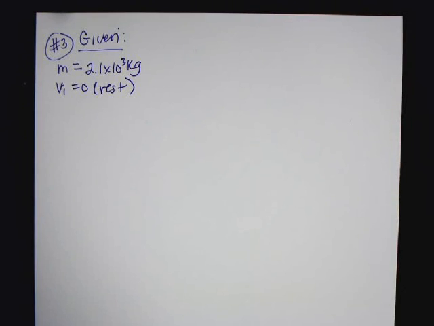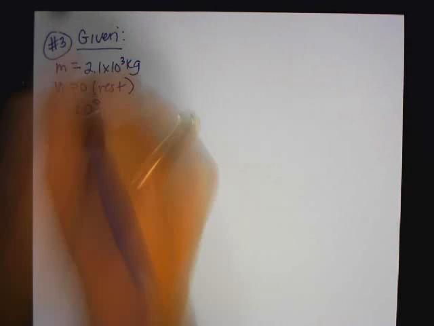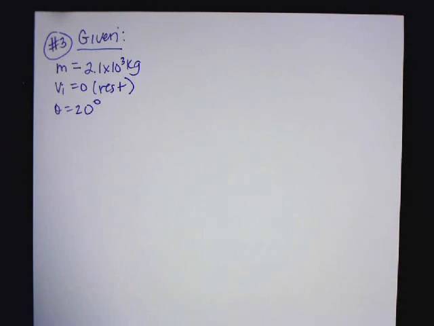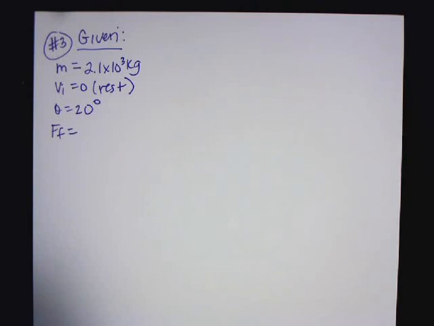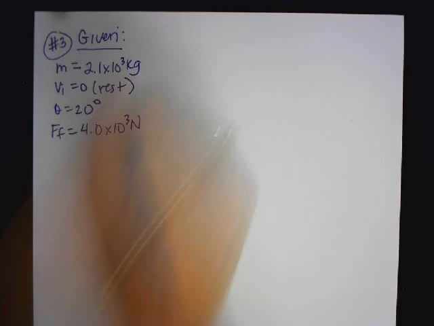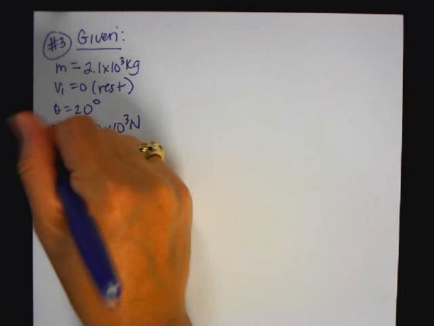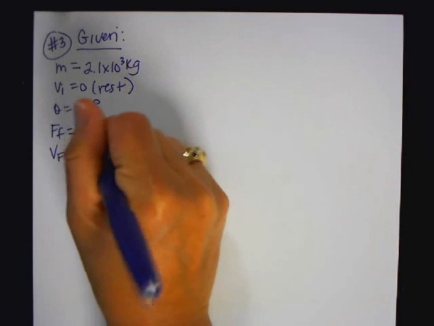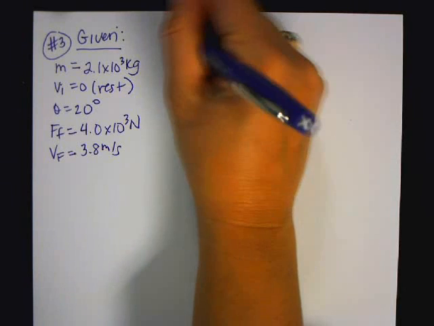At the top of a driveway that is sloped at an angle of 20 degrees with the horizontal. An average friction force of 4.0 times 10 to the 3 Newton impedes the car's motion, so the car's speed at the bottom of the driveway, VF, is equal to 3.8 meters per second. What is the length of the driveway?